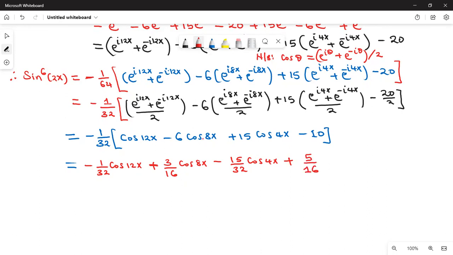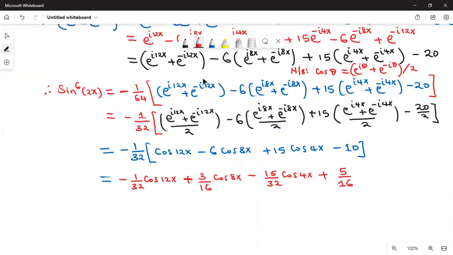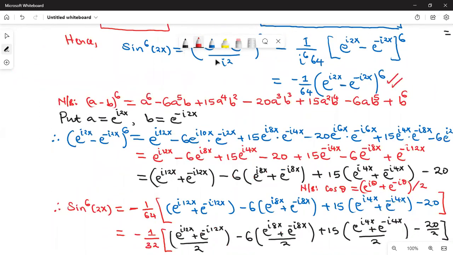So we have shown that sine raised to 6 of 2x can be written as negative 1 over 32 cosine of 12x plus 3 over 16 cosine of 8x minus 15 over 32 cosine of 4x plus 5 over 16. That is the first method when we use Euler's identity.